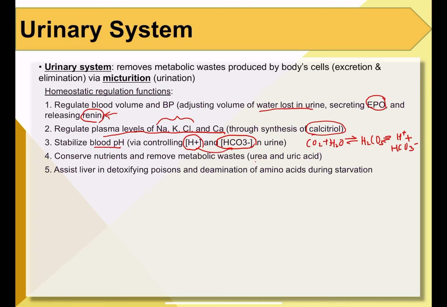The kidney also helps us to conserve nutrients and remove metabolic wastes. Remember we talked about urea, where that comes from, and also uric acid. Those we learned from chapter 25: through the urea cycle, you make a byproduct and turn ammonia into urea, which you can get rid of through the urinary system. Lastly, it assists the liver in detoxifying poisons and deamination of amino acids during starvation, which has to do with production of urea.